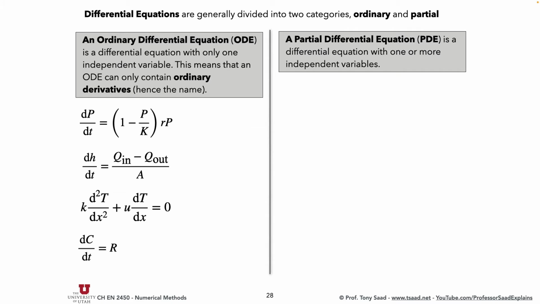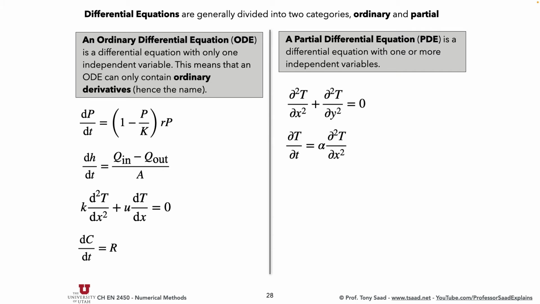Now, a partial differential equation is more complicated. It has partial derivatives, which by definition means you're dealing with a function of two or more independent variables, and your derivatives can go over all of those variables and combinations thereof. So really unlimited complexity when you go into higher dimensional space. So a diffusion equation or Poisson Laplace equation in 2 dimensions, or the unsteady heat equation, for example, combining time and space.